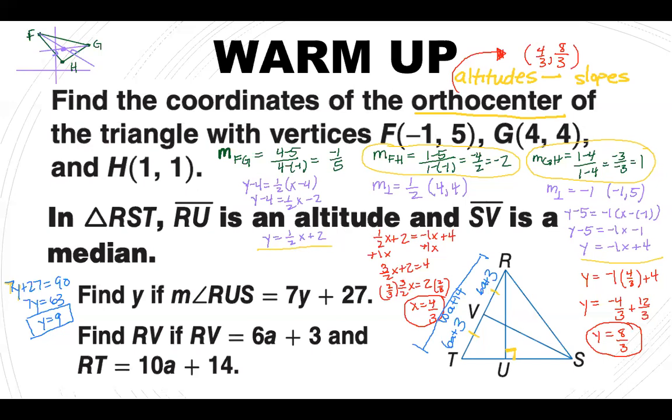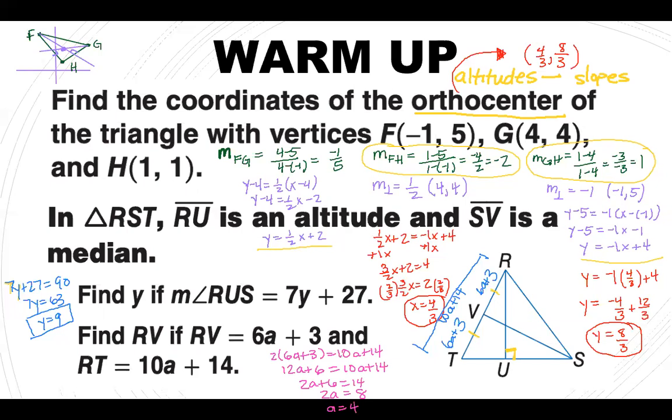So then I can do 2 times 6a plus 3 has to be equal to 10a plus 14. So that 12a plus 6 is equal to 10a plus 14. So 2a plus 6 is equal to 14. 2a is equal to 8. So a is equal to 4.